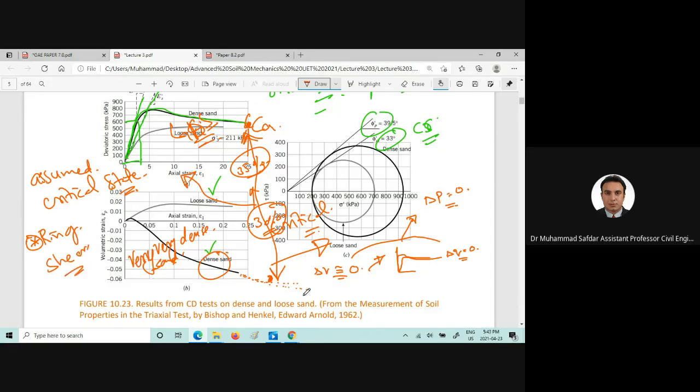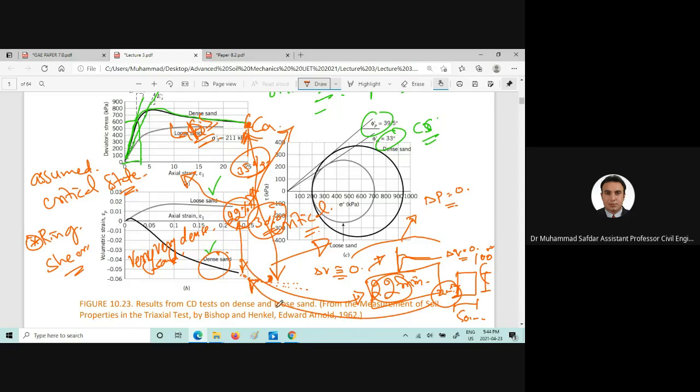So when you are shearing it, until reaching 22% of axial strain, or approximately 22 millimeters, if the height of the specimen is 100 millimeters and the diameter is 50 millimeters, you have sheared this specimen 25 millimeters of axial strain, but still you are unable to reach the critical state of that soil.